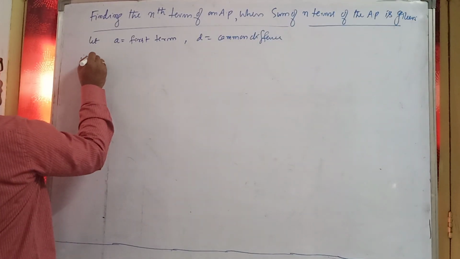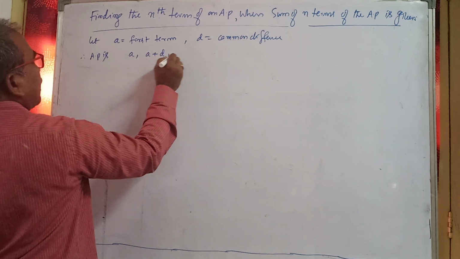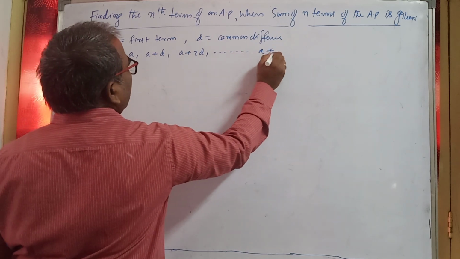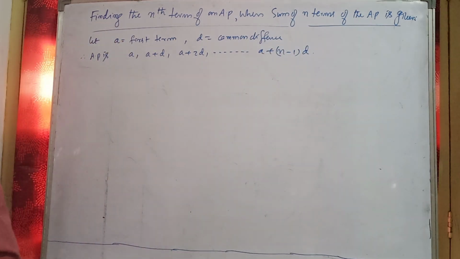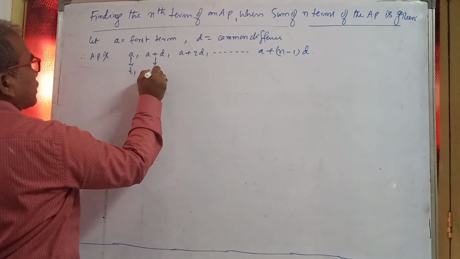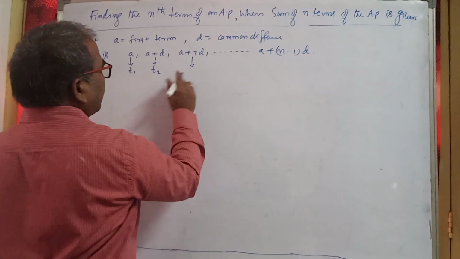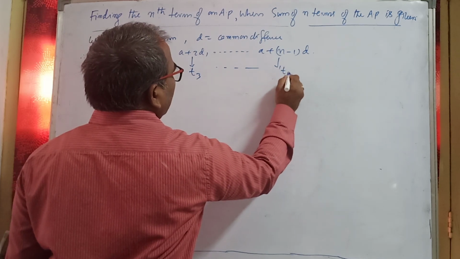Therefore, the AP is a, a plus d, a plus 2d, and so on, up to a plus n minus 1 into d. So this is T1, this is the second term, this is the third term, and so on. This is the nth term.